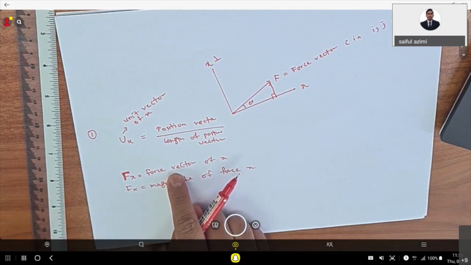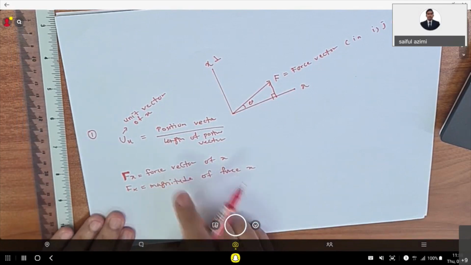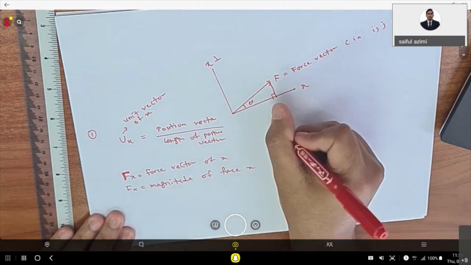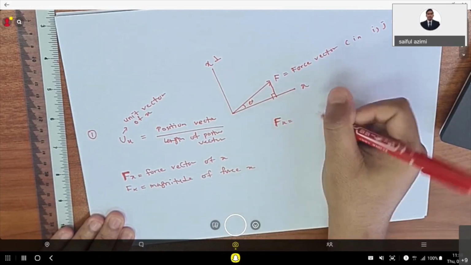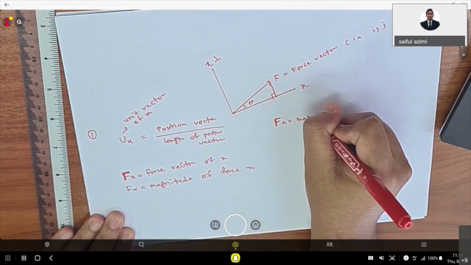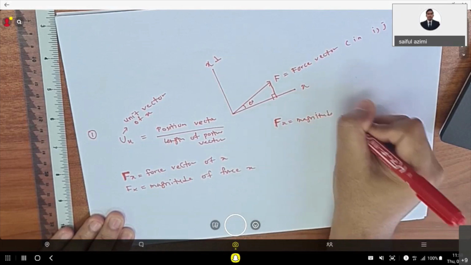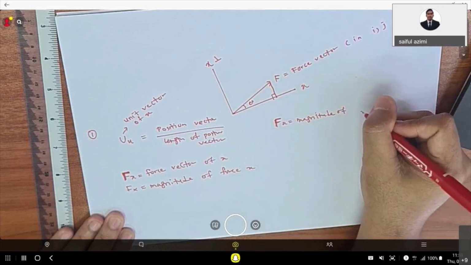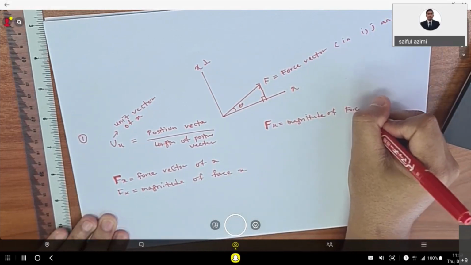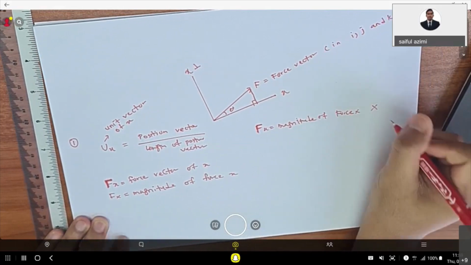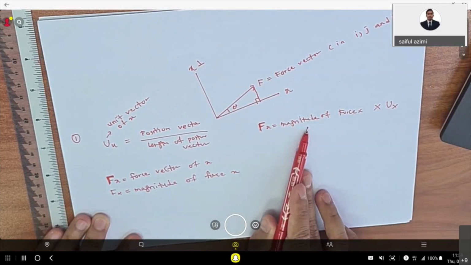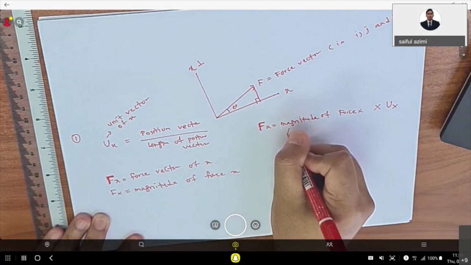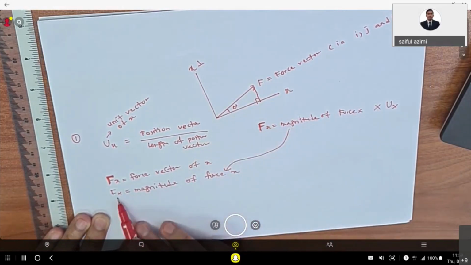If you want to find the force vector, it is simply Fx equals the magnitude of force x multiplied by ux. The magnitude of force x is the Fx here.